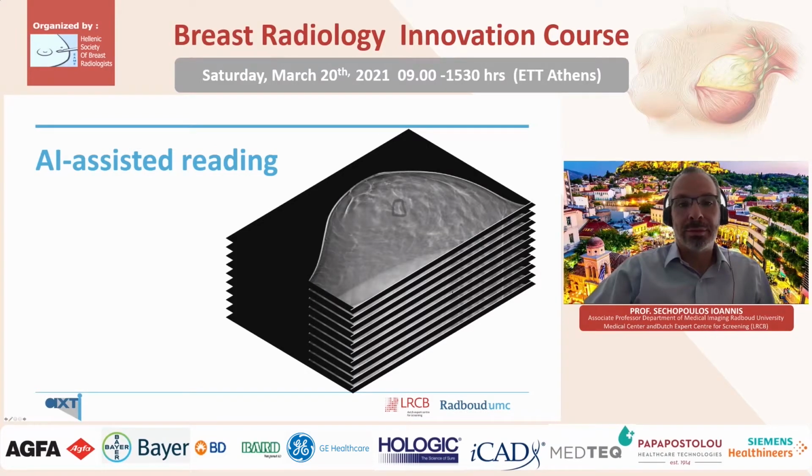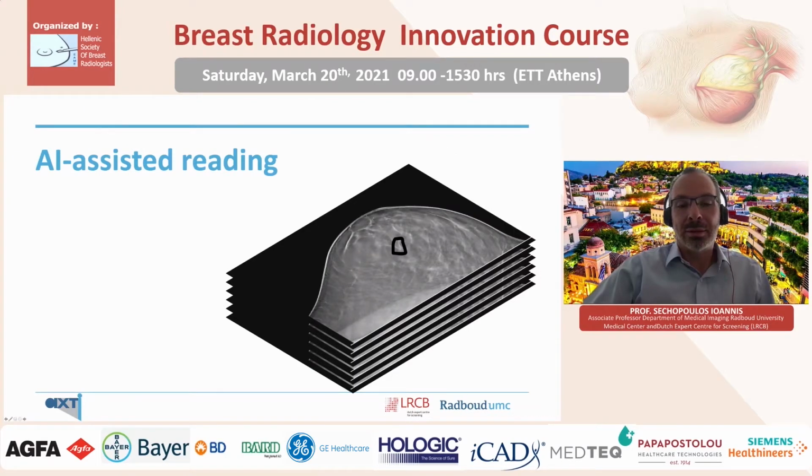This could be very helpful, and there are already products where, of the whole AI tomo stack, the AI already marks with a perhaps lighter gray mark where there is a lesion, and if you click on that, then it takes you to the right slice of where the center of that detected lesion is, and then you don't have to do the whole search across all the slices, or at least you're assisted in navigating through the slices.